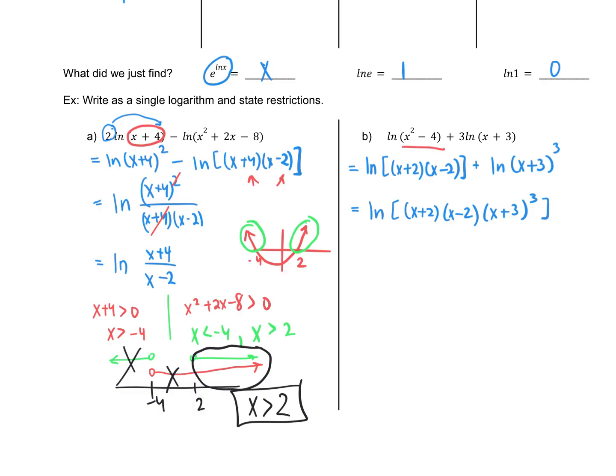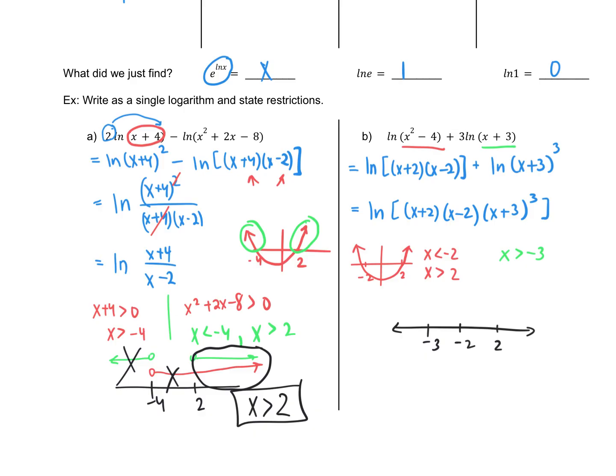So for the first argument, it's a parabola with the zeros at -2 and 2. It's opening up. So my restrictions are x can be less than -2 or x can be greater than 2 because that's where it's in the positive region. For the other one, x has to be greater than -3. For the overlap, I'm going to do my number line. So -3, -2, +2.